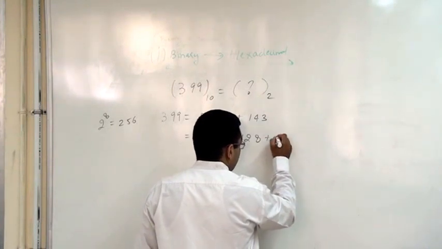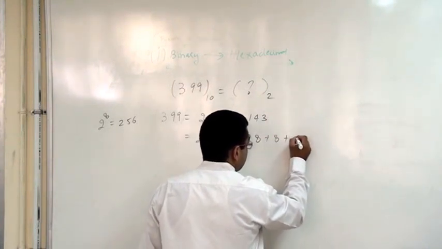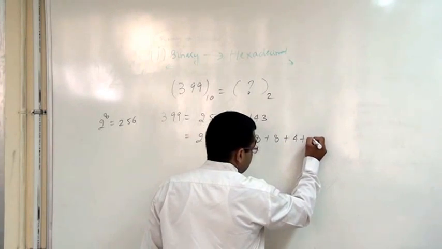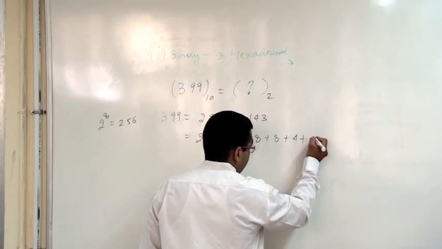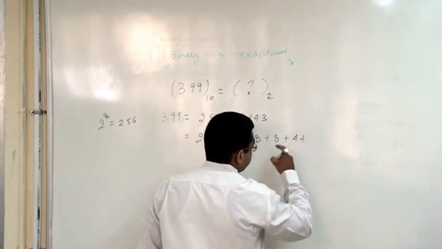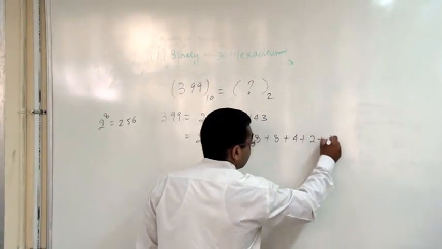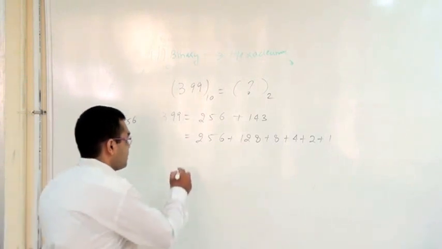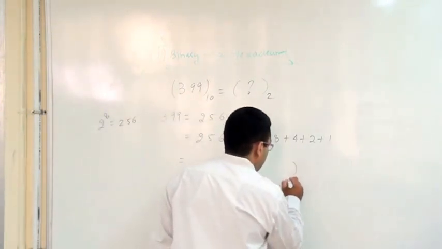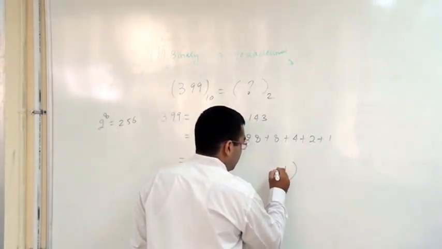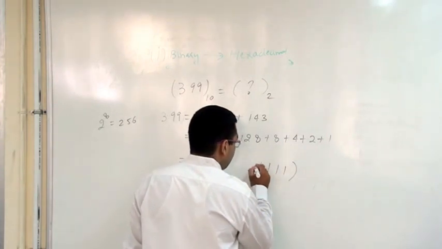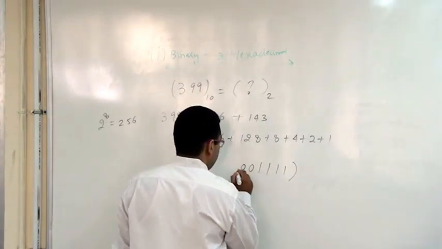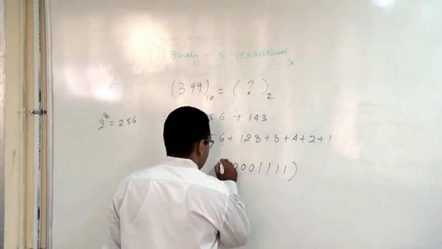So 8 plus 4 plus 2 plus 1. So these are the powers of 2: 0, 1, square, cube, 4, 5, 6, 7 and 8.